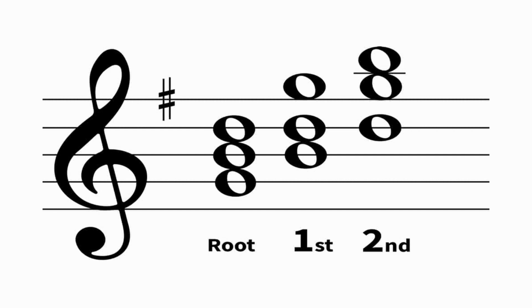So instead of root, third, and fifth, it'd be third, fifth, and then the root, which would be an octave higher as the root is now on the top. Next, we have second inversion, where the fifth is the lowest note. So it'd be the fifth, the root, and then the third.